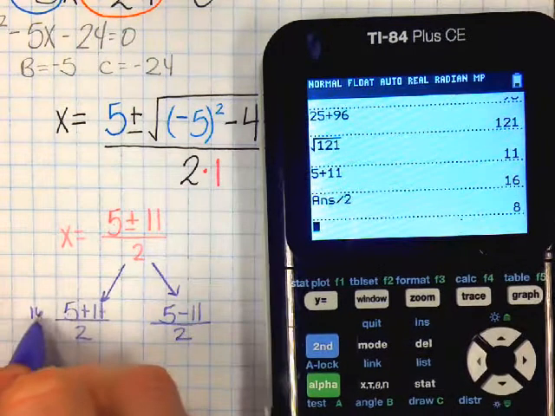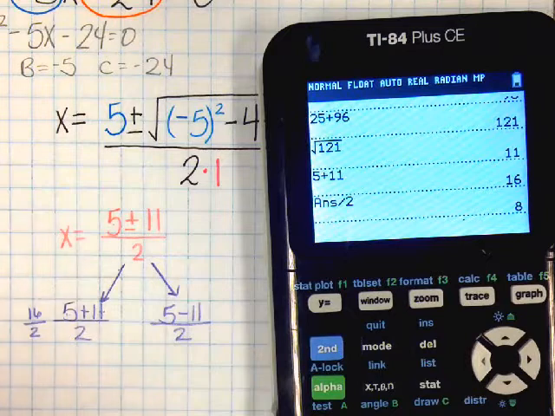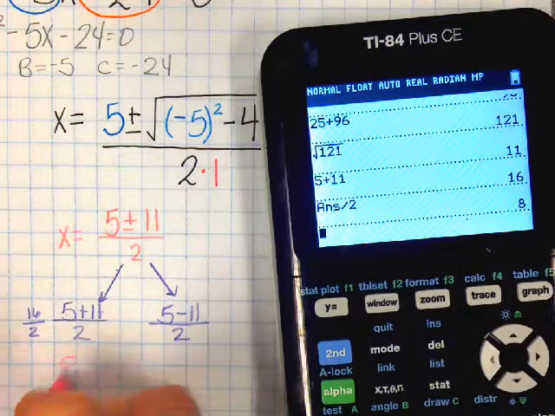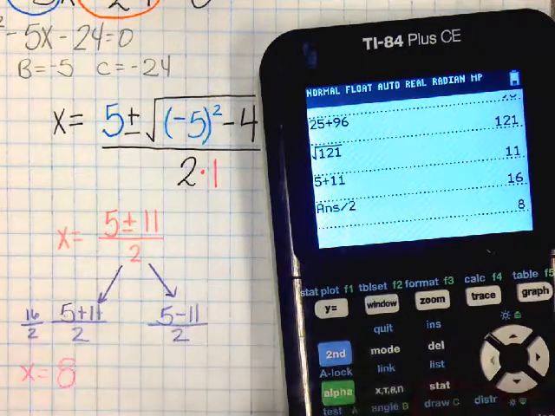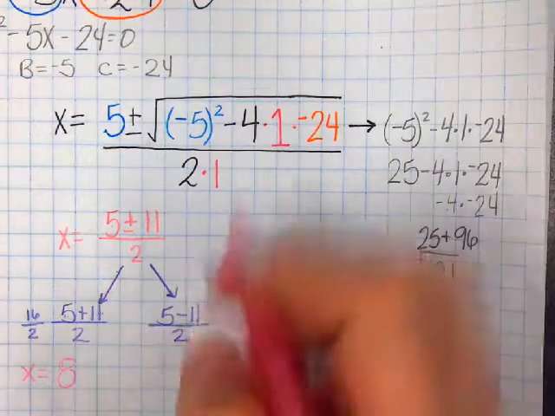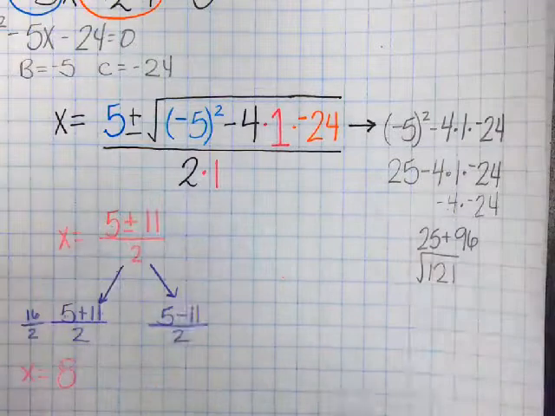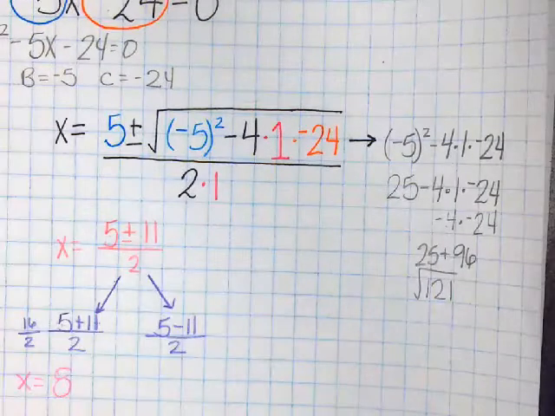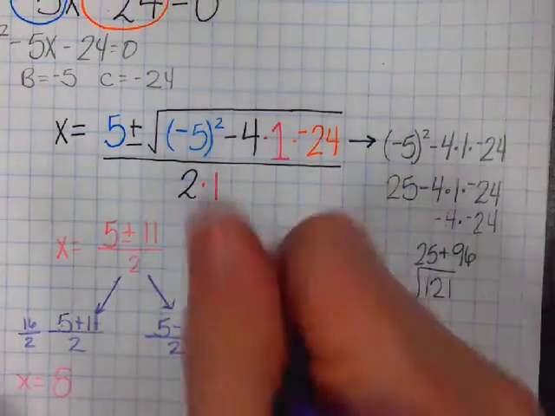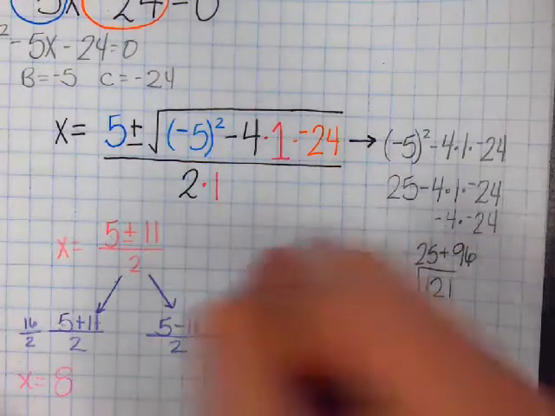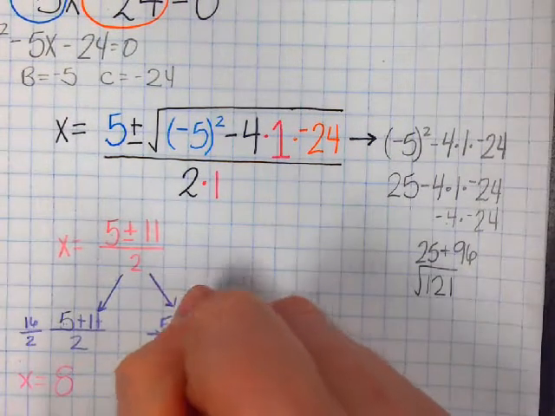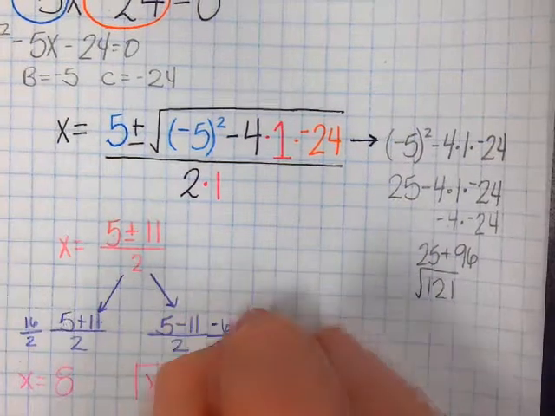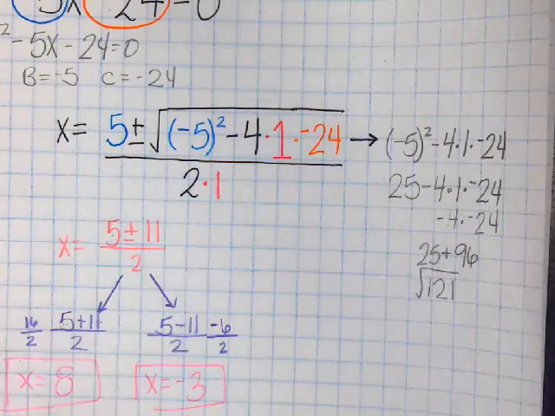So x equals 8. And then 5 minus 11 would be negative 6. Negative 6 divided by 2 would be negative 3. So x equals negative 3.